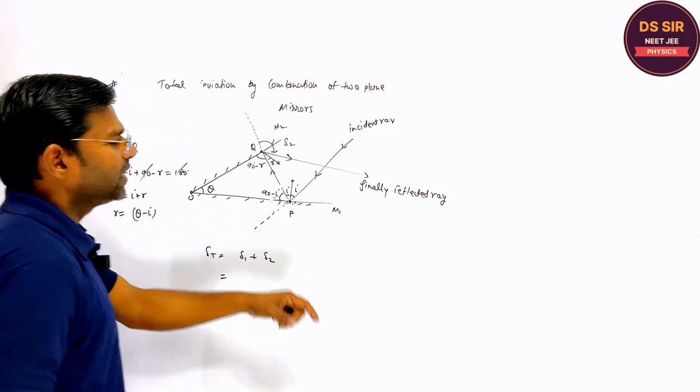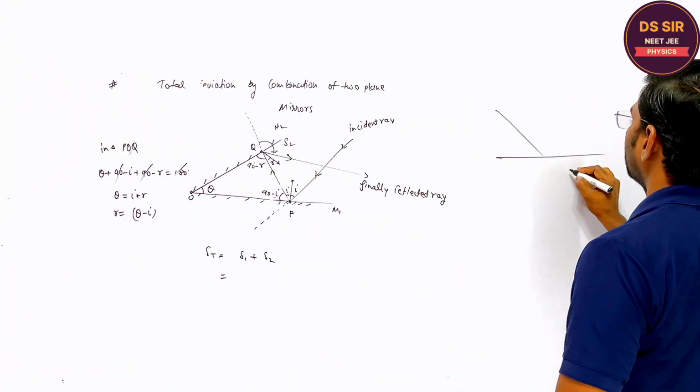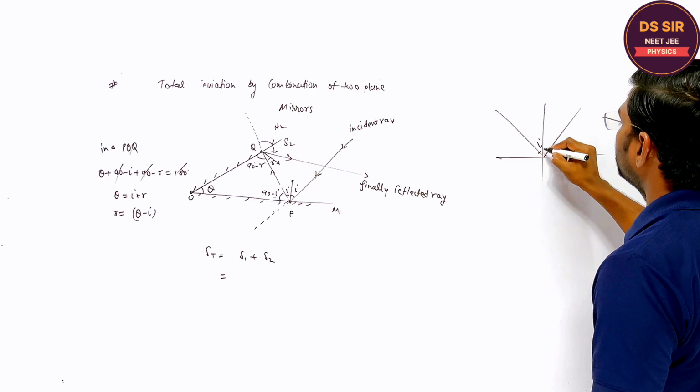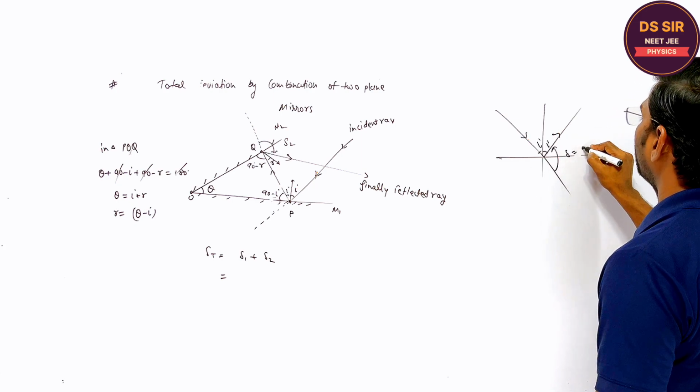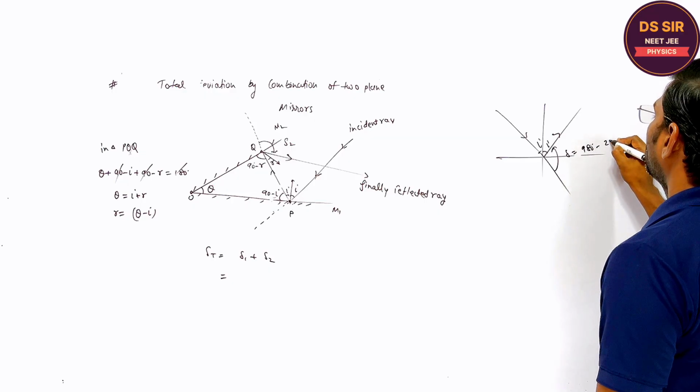Now the deviation, I told you what the deviation is. If this is the incident angle I, the deviation is 180 minus 2I.